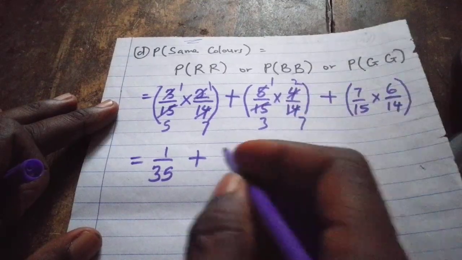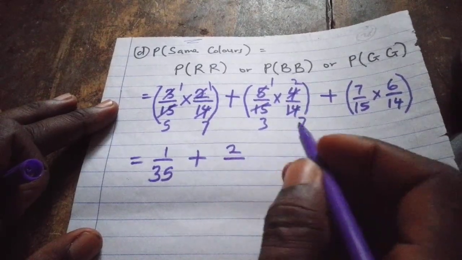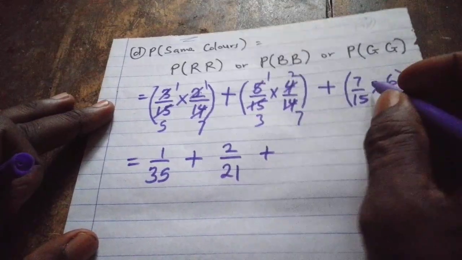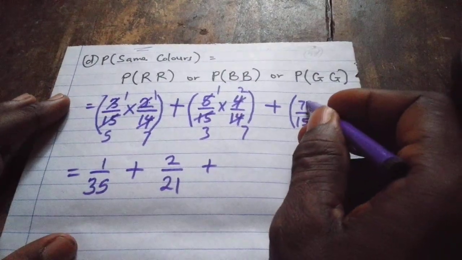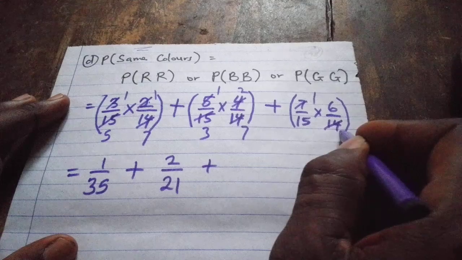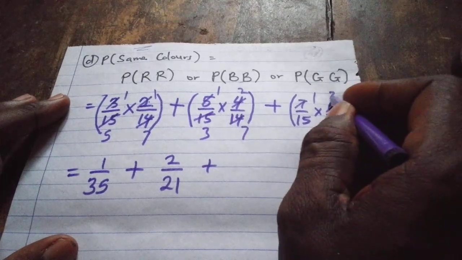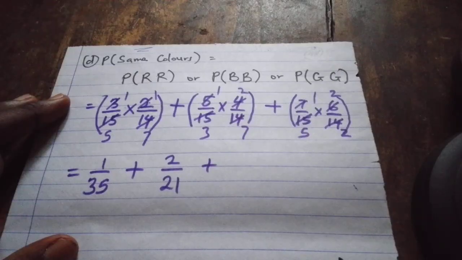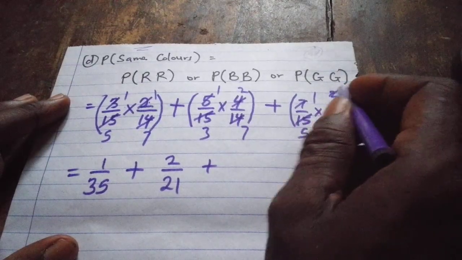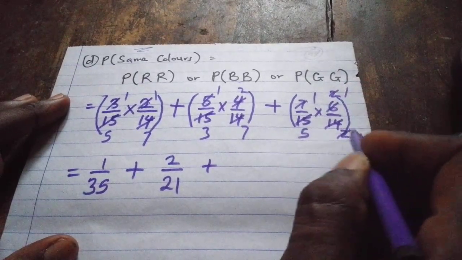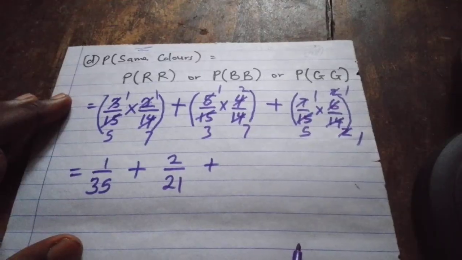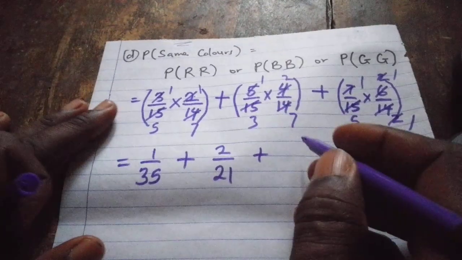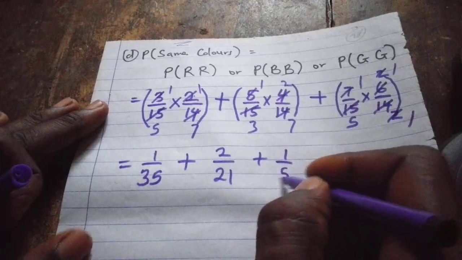So 1 times 2 is what? 2/3 times 7 is 21, plus, so 7 here 1, 7 here 1, 7 here 2, 3 here 2, 3 here 5. So what again can divide? 2 here 1, 2 here 1. So that means we having 1 over 5.